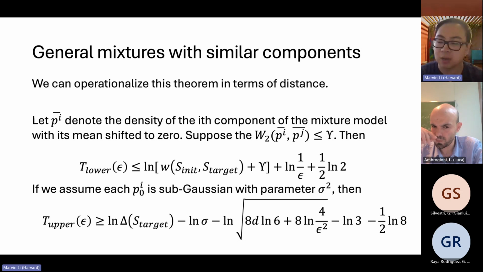And if you assume that each of these are sub-Gaussian with parameter sigma squared, then it turns out T upper can be lower bounded in terms of delta, the distance between things in S target and not inside S target. You'll notice there's this dependence on dimensionality in this term, which is kind of ugly, and we'll remove that later.